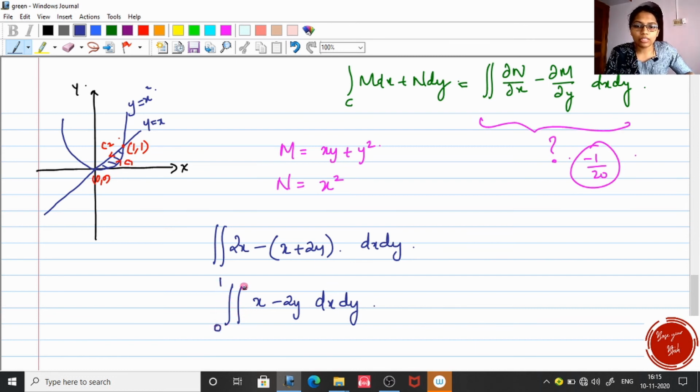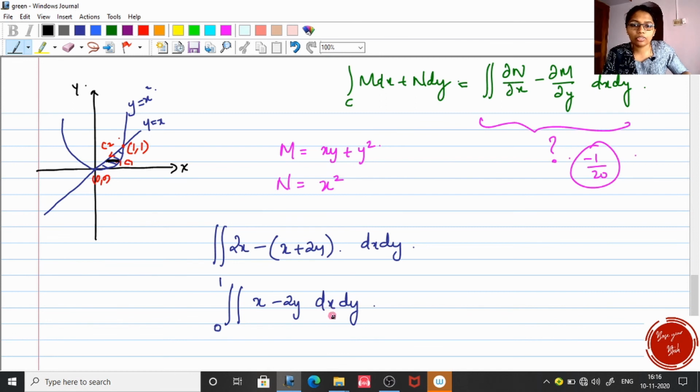And what about the inner integral limits? Here the limits are the range of the x coordinate, isn't it? To take the limits for this x coordinate, we have to draw a horizontal strip here. For this horizontal strip, the left boundary becomes your lower limit and the right side boundary becomes your upper limit. For this strip, the left side boundary is y equal to x, or x equal to y.